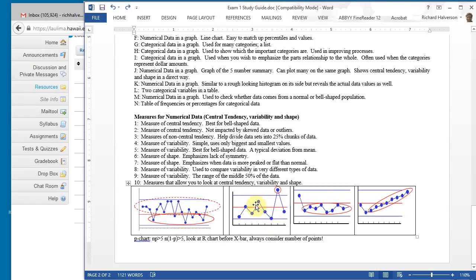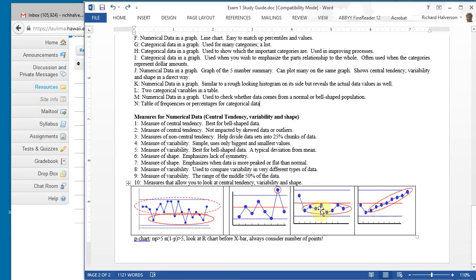This one is actually rule 1, which is where you have an outlier outside the upper control limit or lower control limit. Here you've got 8 in a row above or below the mean. In this case, it's below the mean. And here you have 8 in a row where they're all increasing or they're all decreasing.